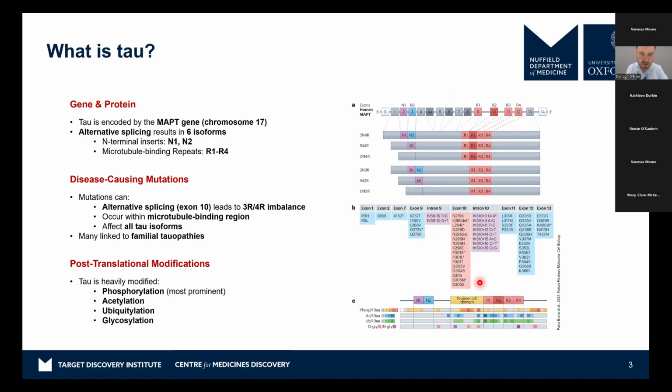The most prominent and probably well-known is tau phosphorylation, but it can also undergo acetylation, ubiquitination, and glycosylation. You need to remember that a lot of these modifications occur naturally and have physiological importance in the normal cell to maintain healthy cell biology. But in disease, they can contribute to tau misfolding and aggregation.